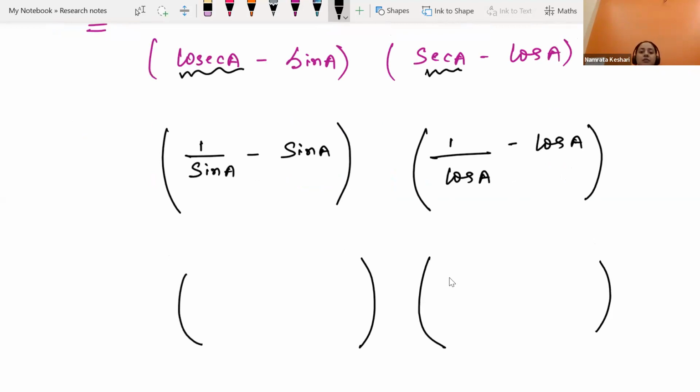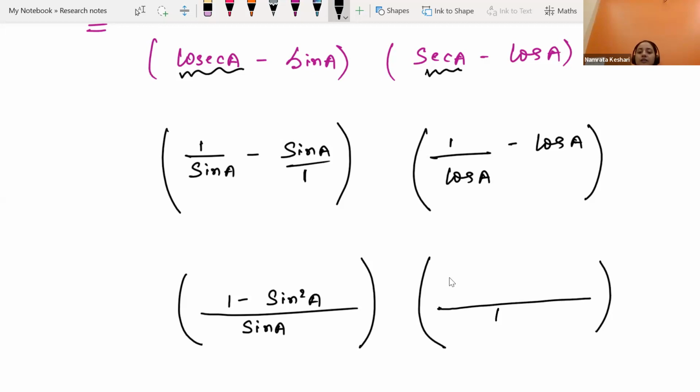What will be the LCM in the first bracket? Sine A. What will be there in the numerator? 1 minus sine square A. Here the denominator is 1 and the LCM is just sine, so the first numerator will not change, and in the second numerator term, one more sine A gets multiplied.